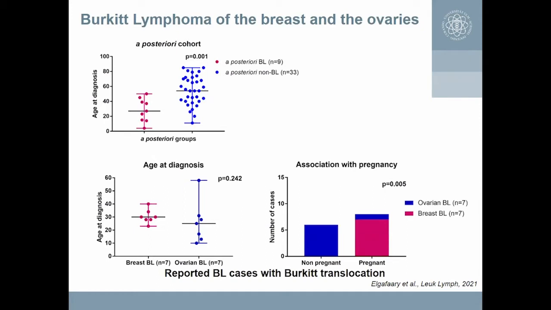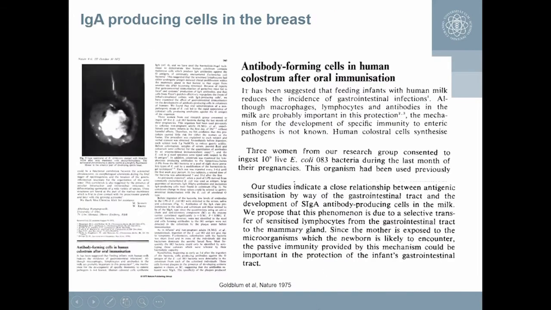Another point which could point to microbial infection is if you look into breast Burkitt lymphomas, this is frequently associated with lactation. And we know from old studies back to 1975 that if you give bacteria to pregnant women or lactating women, these develop B cell clones expressing IgA and traveling to the breast.